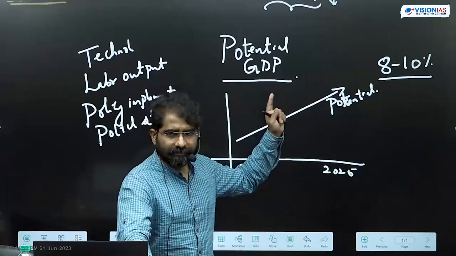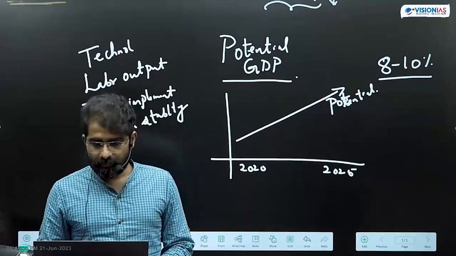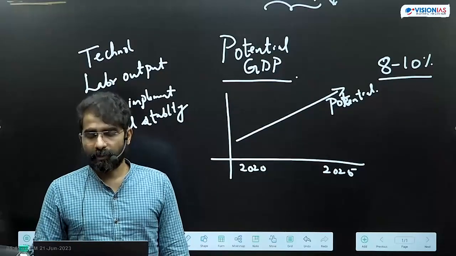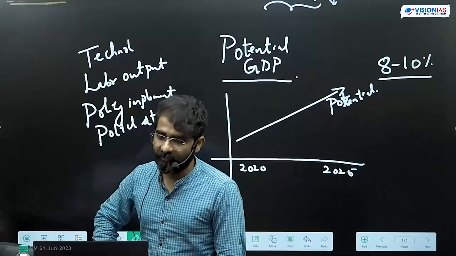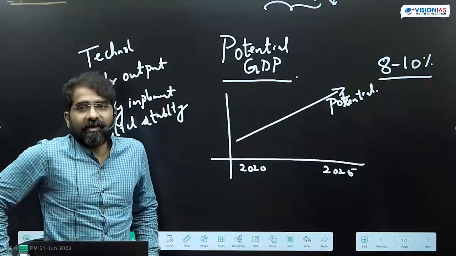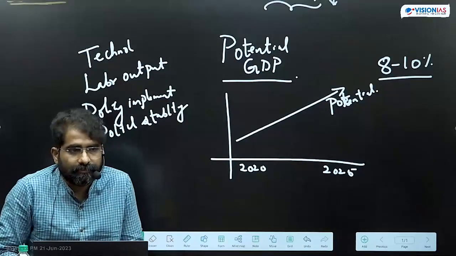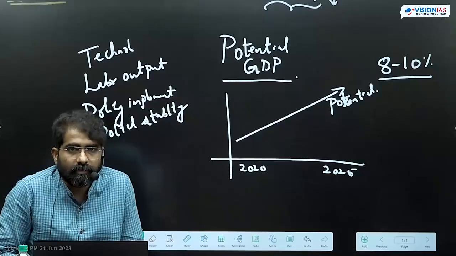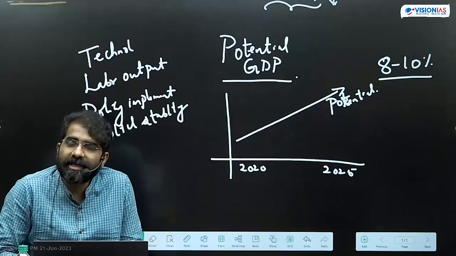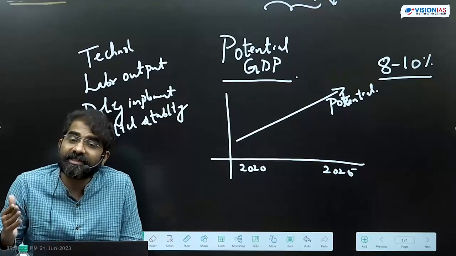Is this clear? Okay, so put the heading potential GDP. It is the real value of goods and services. See, when I am saying real value, I am removing the inflationary effect.